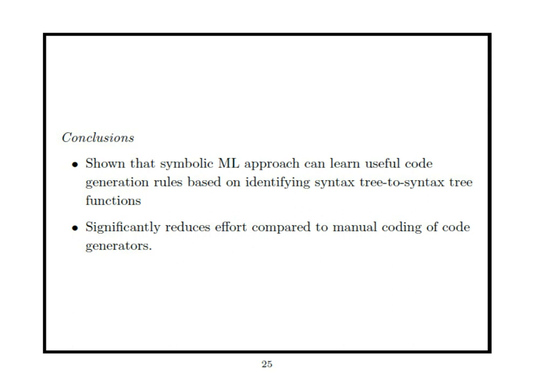And it produces an explicit set of rules, which is one advantage over non-symbolic machine learning approaches, which only create implicit translations. And this approach significantly reduces the manual effort that's needed, because the person doesn't need to manually create the rules, but they only need to create the examples.